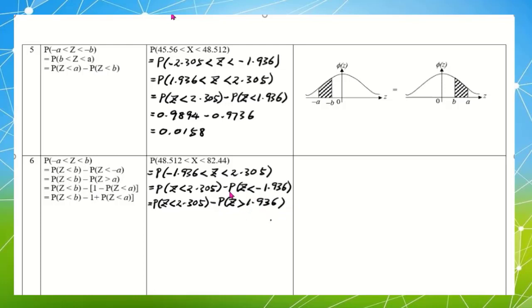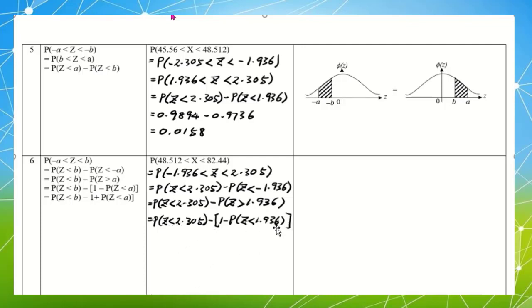But I notice that I'm still not ready to use the table because it is greater than. So now I need to change the greater than into less than by using the method that we have learned before, that is by using 1 minus. So z less than 2.305 remain the same. Then z greater than 1.936 I change to 1 minus the probability z less than 1.936.